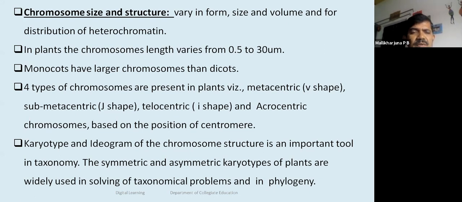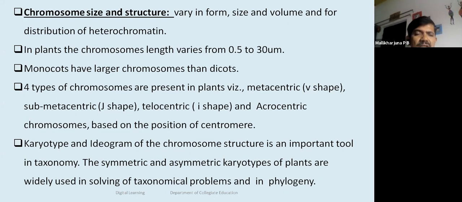Two important aspects in taxonomy are the karyotype and the ideogram. Karyotype is the total number of chromosomes arranged in the mitotic or meiotic metaphase plate, and that is known as karyotype.